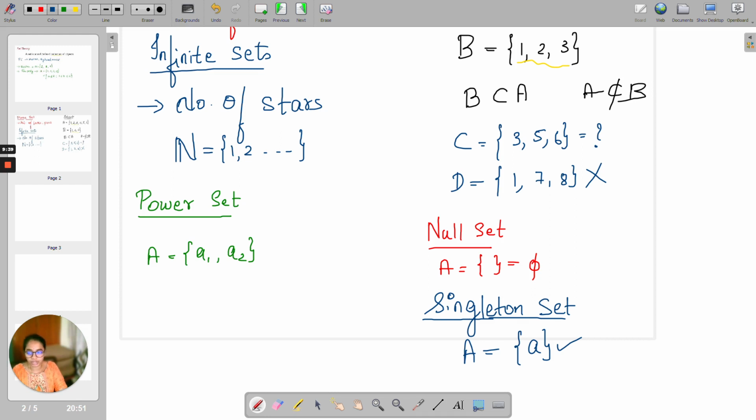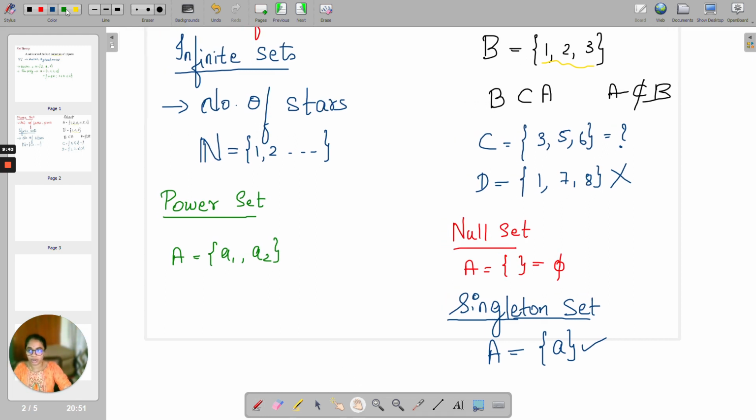Let us get back to our power set. What did I tell you? What was a power set? A power set basically contains all possible subsets of a given set. Now they have given us a set that is A is equal to {A1, A2}. What are the possible subsets of this set? Null set?